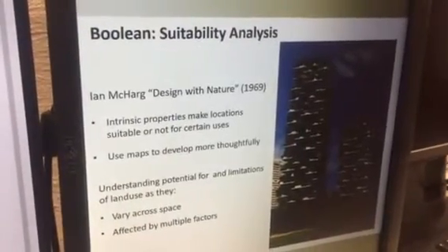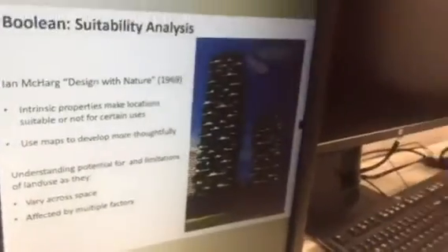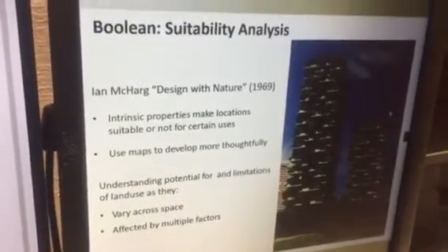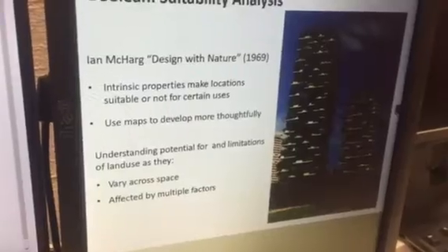Okay, so yesterday I learned how to do the suitability analysis, this one using a Boolean method.